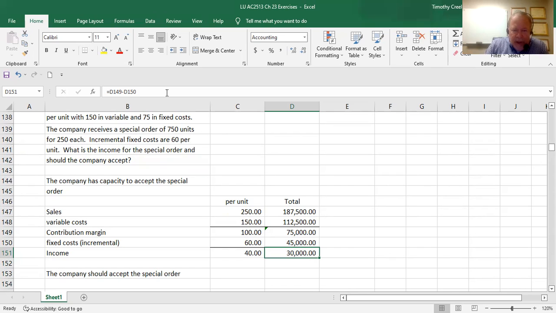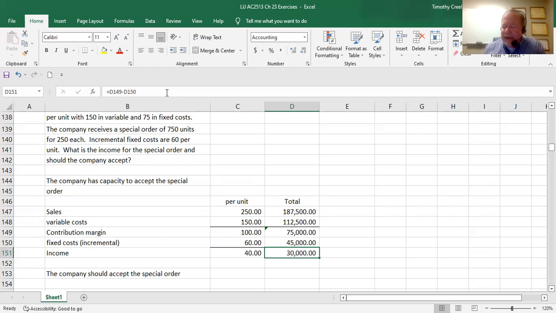Now, another kind of downside to it from a qualitative standpoint might be that typically with special orders or special offers, the price that you receive per unit is less than what you charge your normal customers. That's pretty normal.